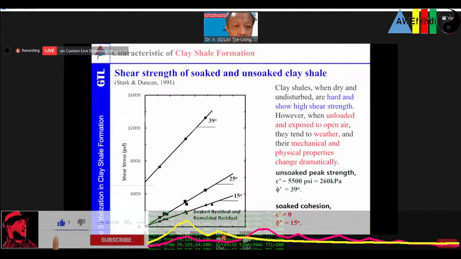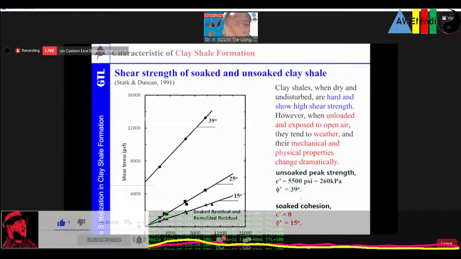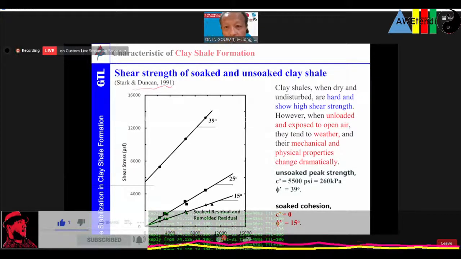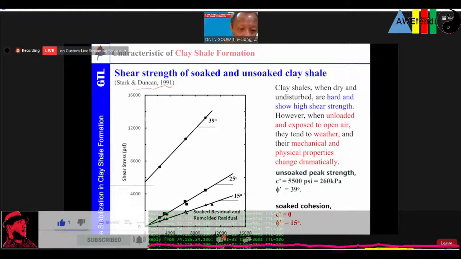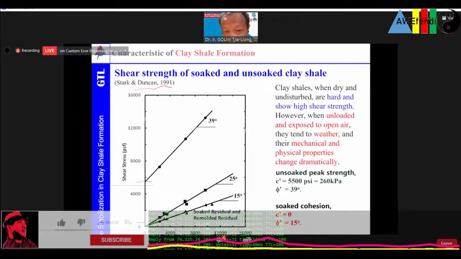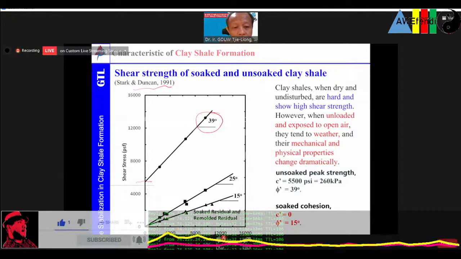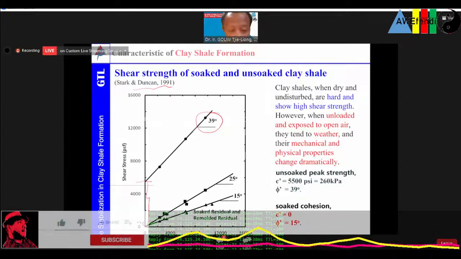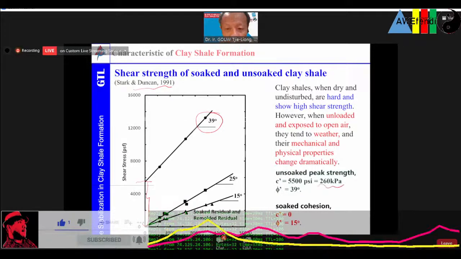Now, if we see the research carried out by Stark and Duncan in 1991 about the soaked and unsoaked clay shear property, we can see that the shear strength of this clay shale formation can have as high as 39 degrees of angle of internal friction, and also as high as 5,500 psi of cohesion, which is equivalent to about 260 kPa.